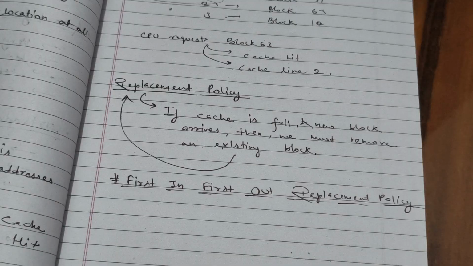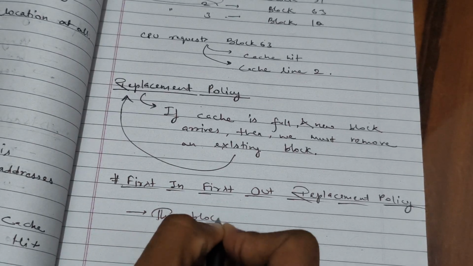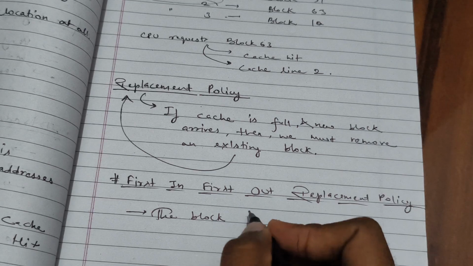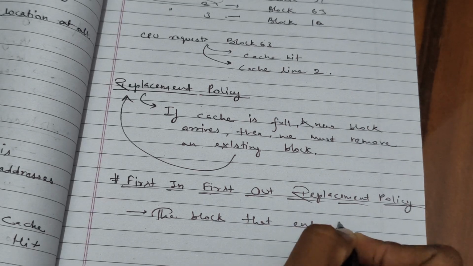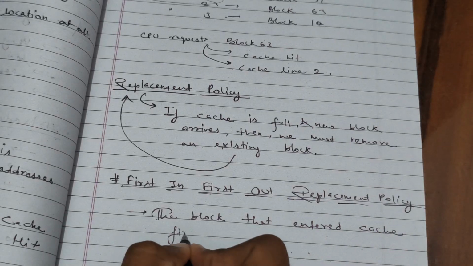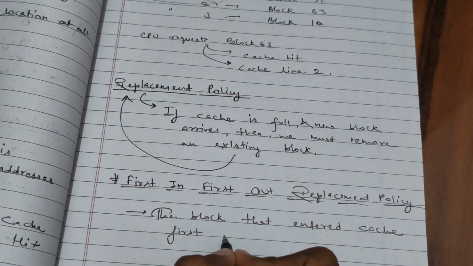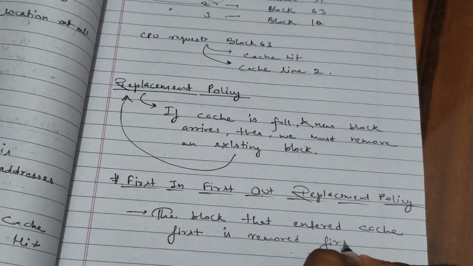So whichever block was entered first in the cache would be removed first, right? So the block that entered the cache first is removed first.